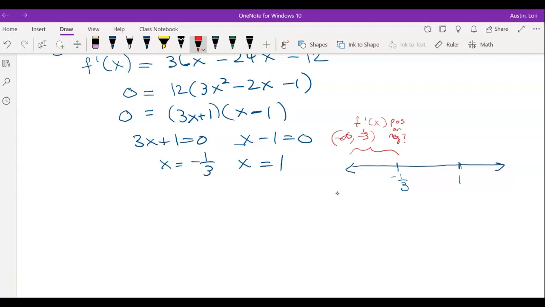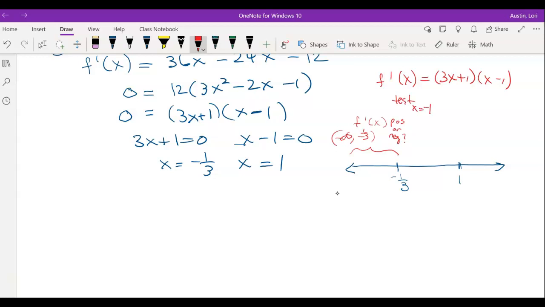So pick a number in that interval, any number you want. Doesn't matter. It's a test. So what do you want to try? Negative 1? Let's try negative 1. Look at your derivative. Remember, f prime. I like to leave it in factored form. It's much easier. All right, negative 1, we're going to test.